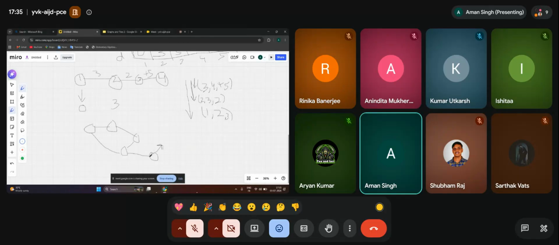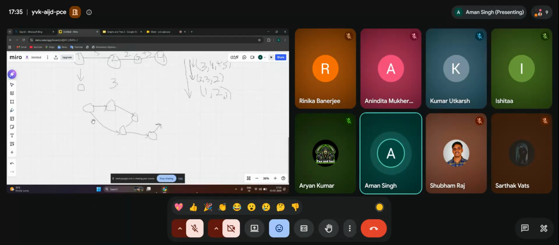No. Even if there is a negative weight, for now let me say that it is a directed graph. So we can visit at most n minus 1 nodes in a simple path. Simple path means no node will be repeated.